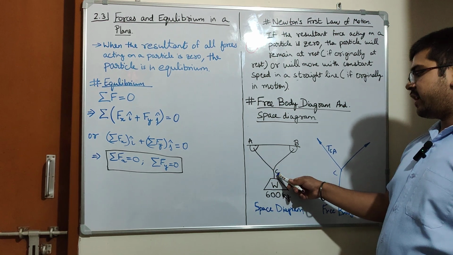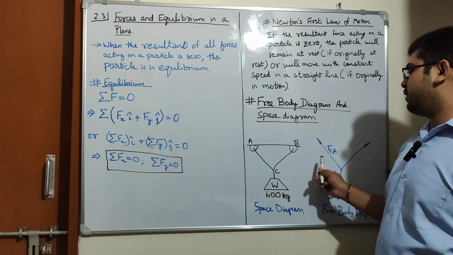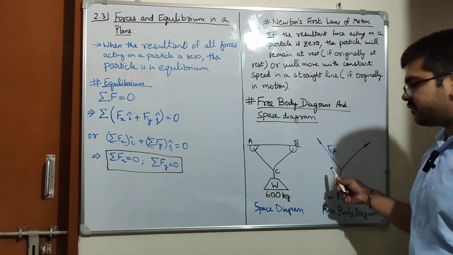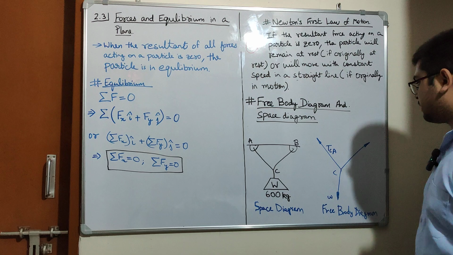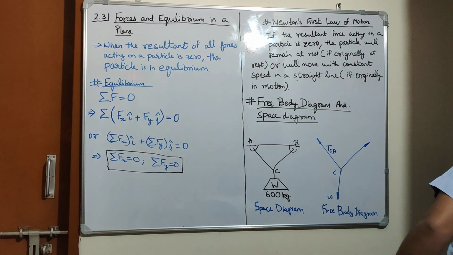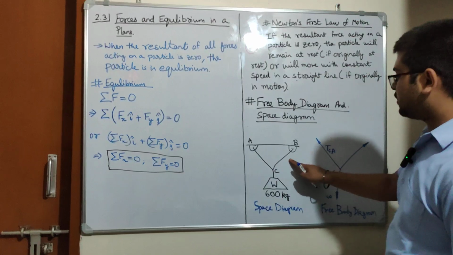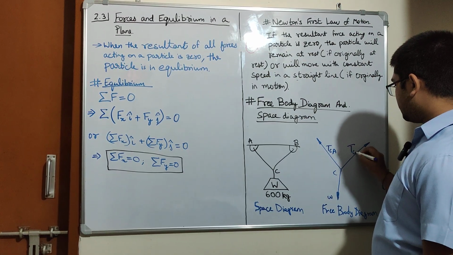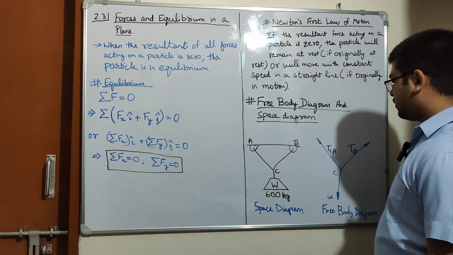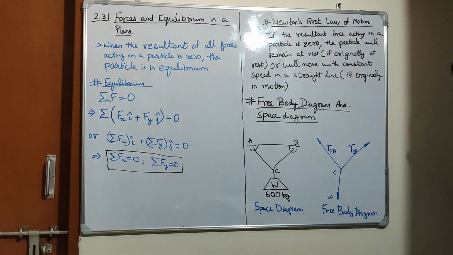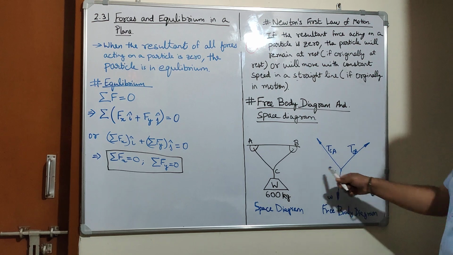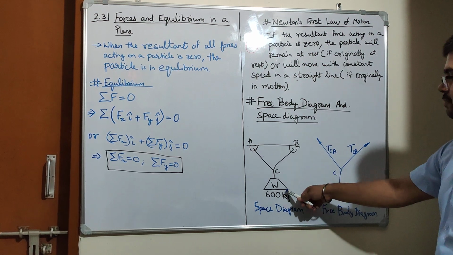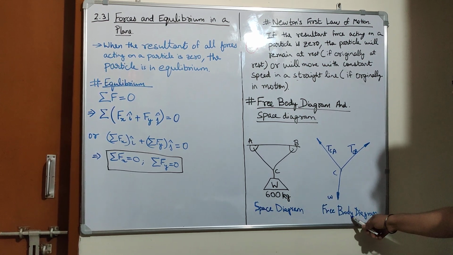So we will write C first and then A. That's why I have written TCA. Similarly, for this string, we will write TCB. So that's the free body diagram of this space. This is the space diagram, and this is the free body diagram.